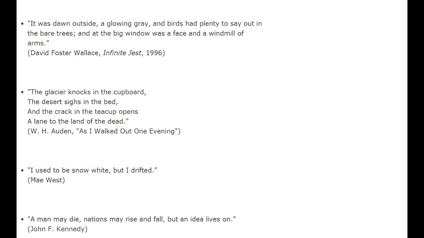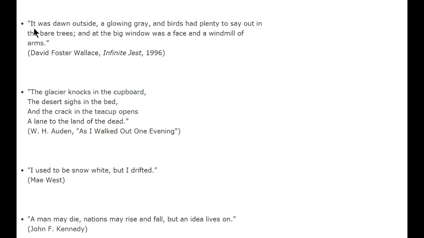Here are more examples, and this is a very complex compound sentence. Complex meaning that it's not simple. It was dawn outside, a glowing gray, and birds had plenty to say out in the bare trees; and at the big window was a face and a windmill of arms. Here you see a semicolon. As you can see, this is a little more complicated, but it is a compound sentence.